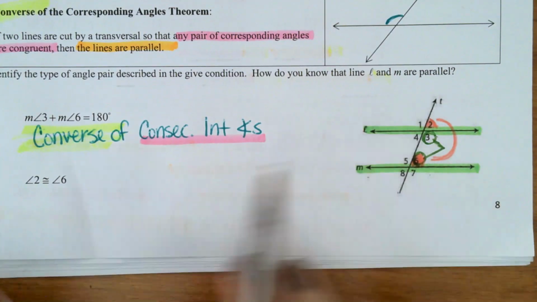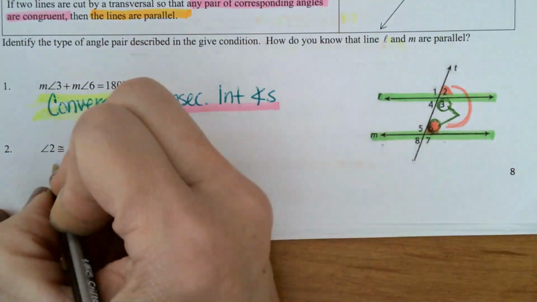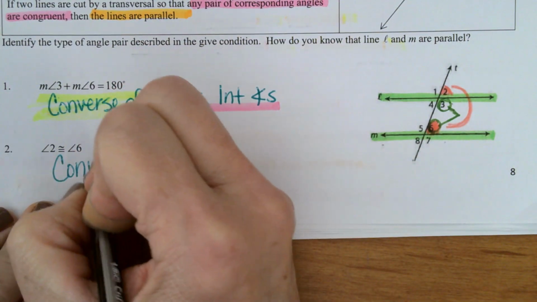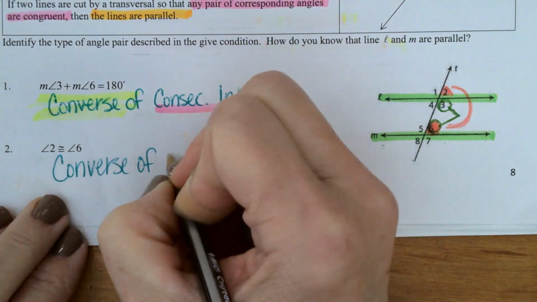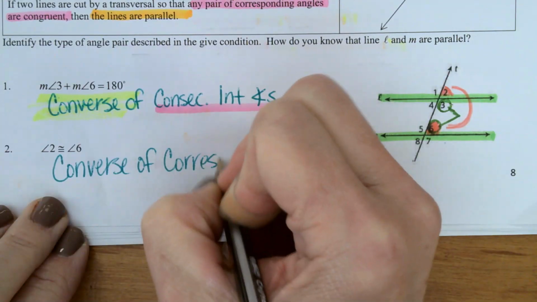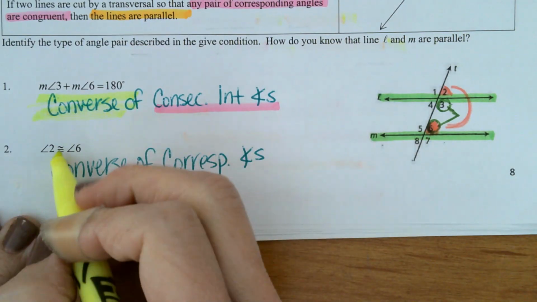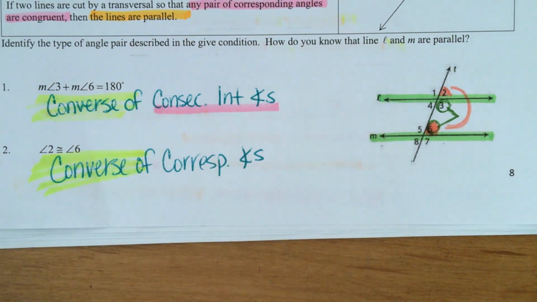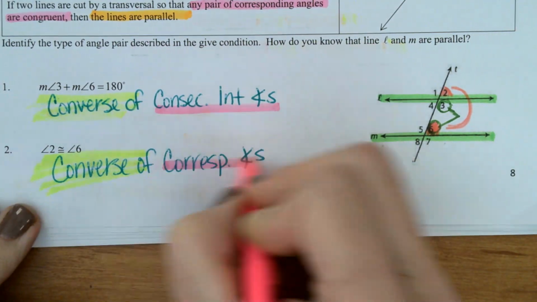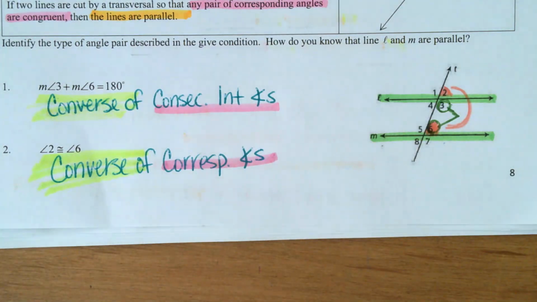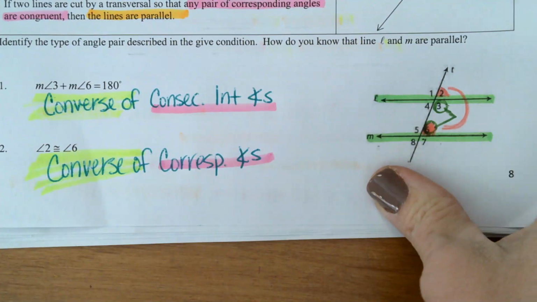So to prove that the lines are parallel, I have to write converse of corresponding angles, and I cannot leave off converse. The reason I cannot leave converse off is because I'm using the angles to prove that the lines are parallel. Normally, we know the lines are parallel and we use that to prove the angle relationship.